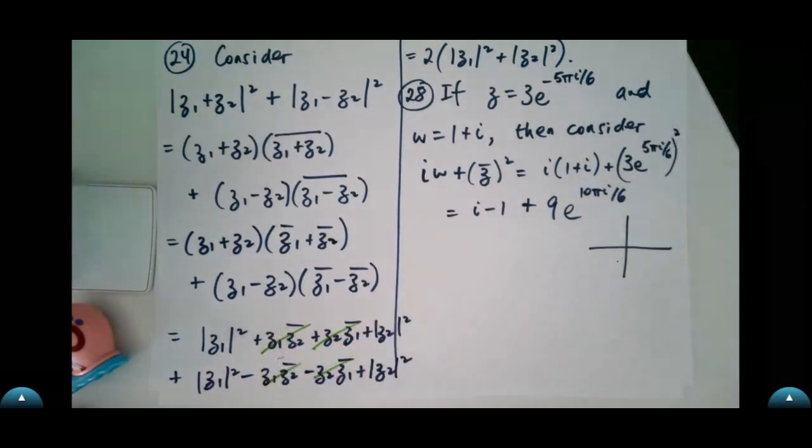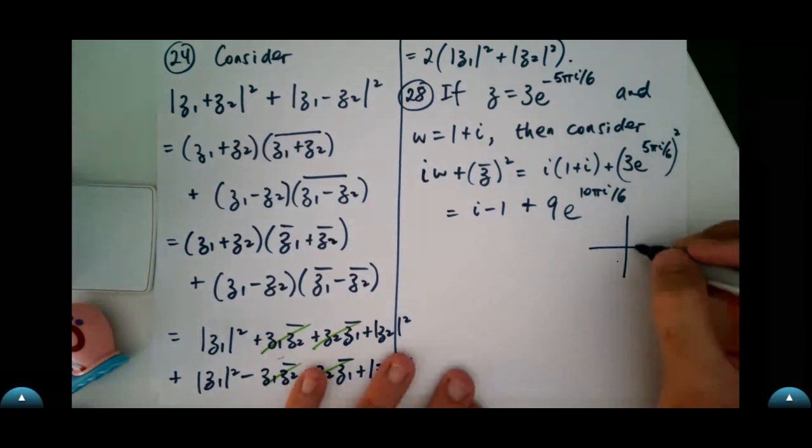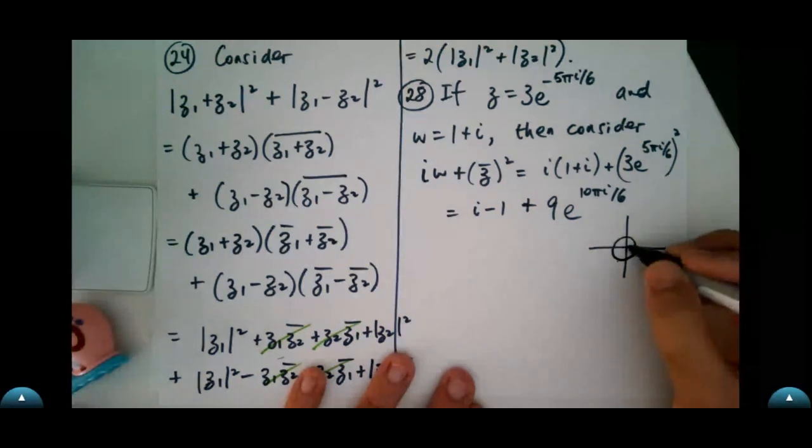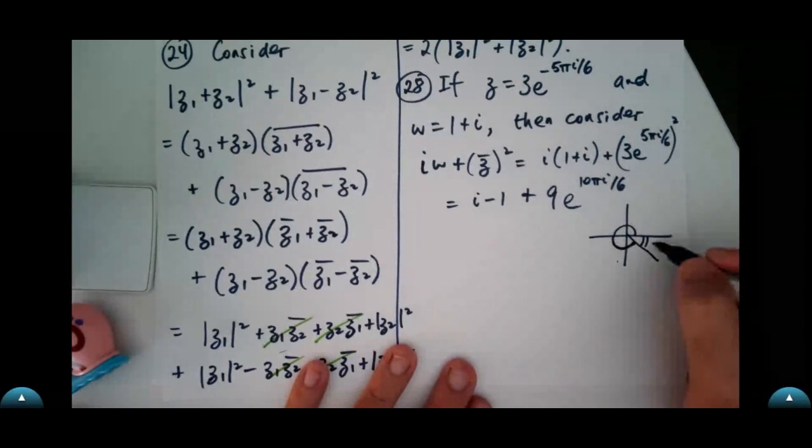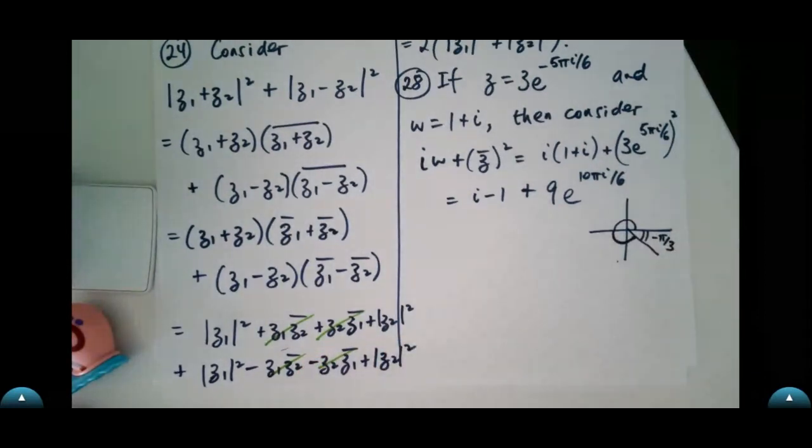Hang on. Just give me a second, everyone. So it's going to take us all the way around there, and we're going to stop there. And this angle here is going to be -pi/3. Thanks, Osmond.